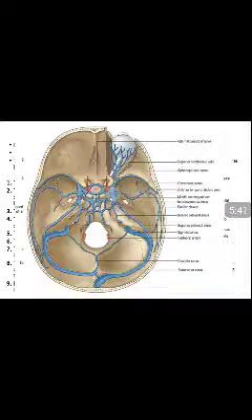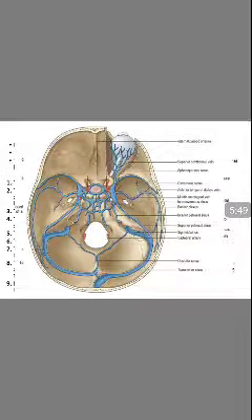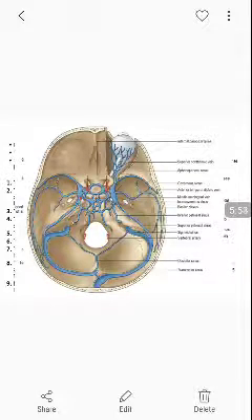The two cavernous sinuses are joined to each other through the anterior and posterior intercavernous sinuses.